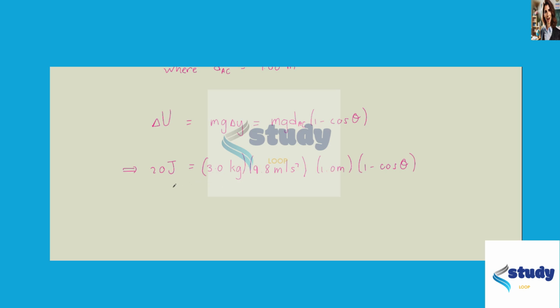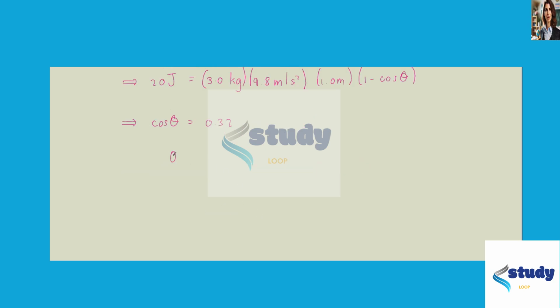So the only unknown here is cosine theta. So we calculate cosine theta by rearranging this equation to be 0.32, which gives us this angle theta to be 71 degrees.